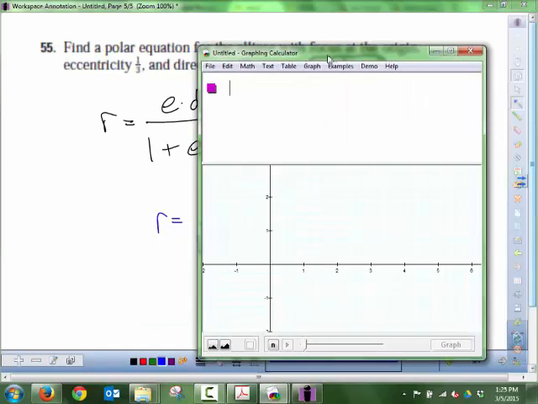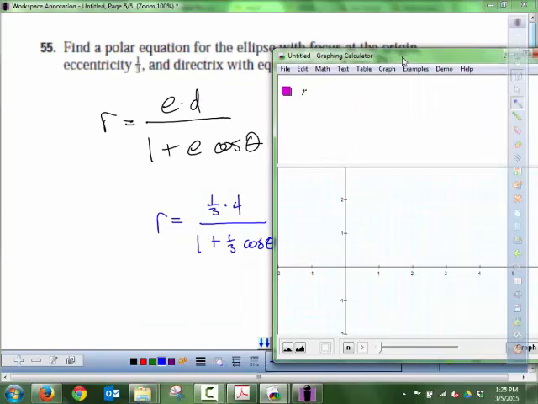On your graphing calculators, we have 4/3 divided by 1 plus 1/3 cosine theta.